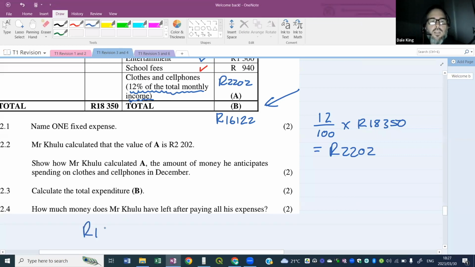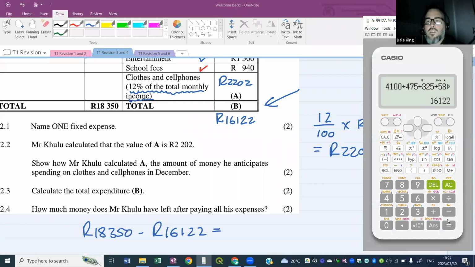So it's the 18,350 minus the 16,122, and the calculator says 2228. All right, we should all be getting the same. Good job. Well done.